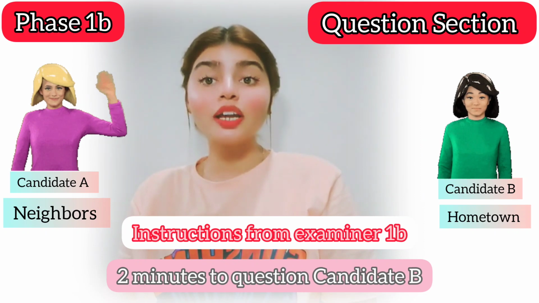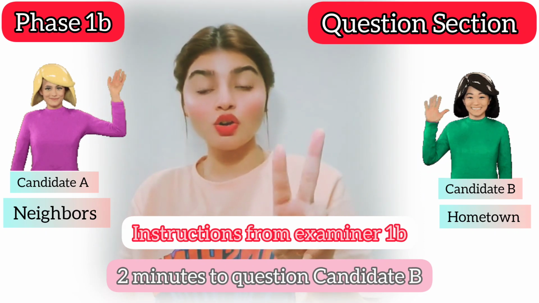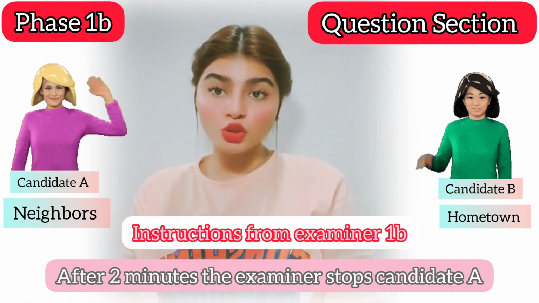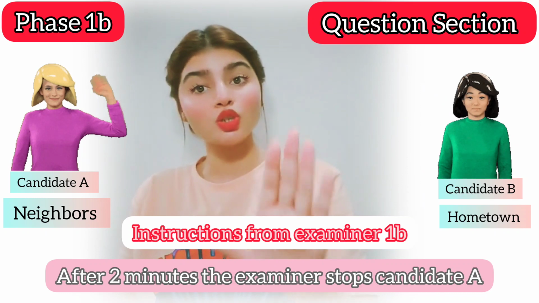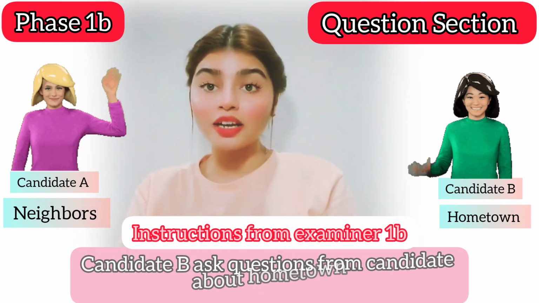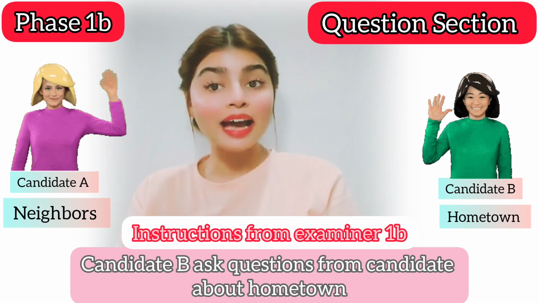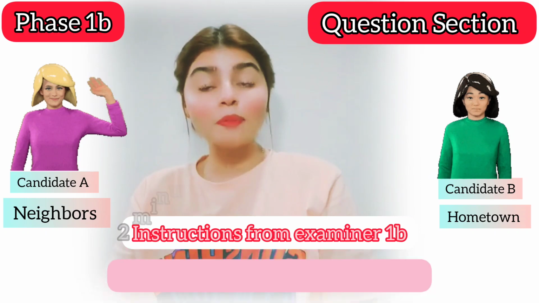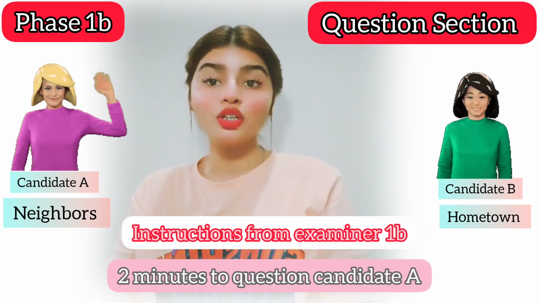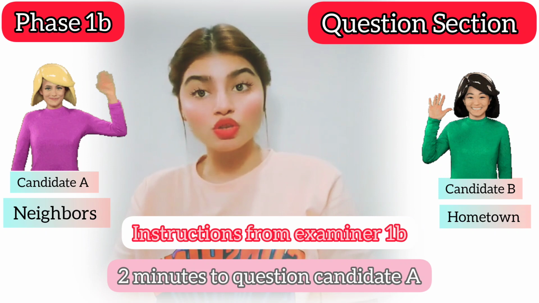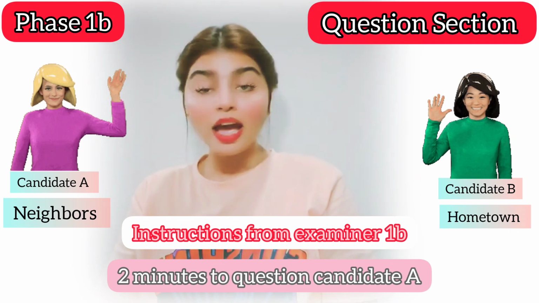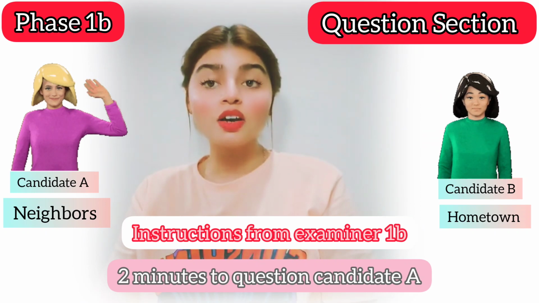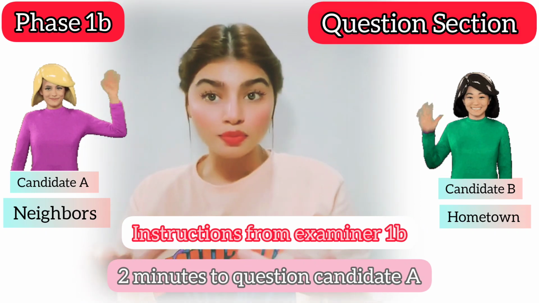The examiner allows 2 minutes for questioning the other partner. After 2 minutes are over, the examiner will stop candidate A and ask candidate B to ask questions from candidate A about hometown. The examiner will allow 2 minutes to candidate B as well. And this is how phase 1B comes to an end.